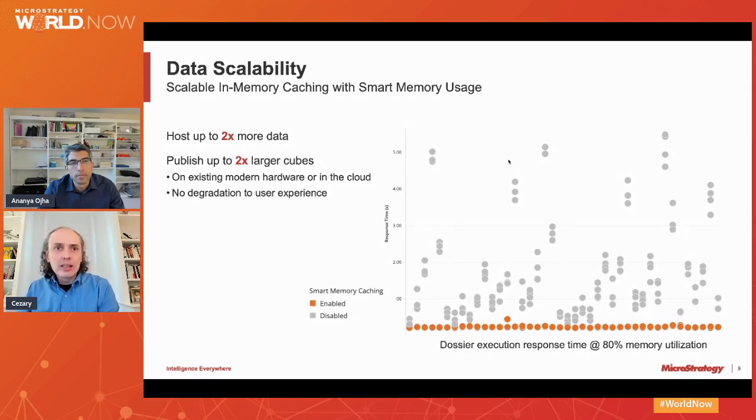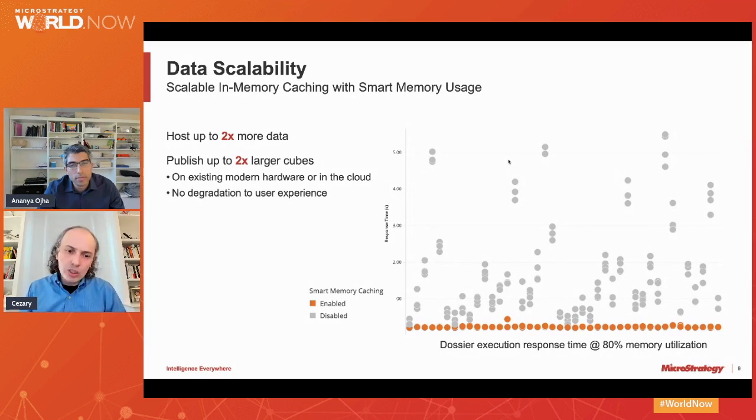That, in turn, can help deliver a consistent user experience by keeping exactly the data your users access in memory, avoiding swapping entire cubes in and out of memory. And that's what you can see in a chart that shows the behavior of the system over a period of time on a system with about 80% memory utilization.